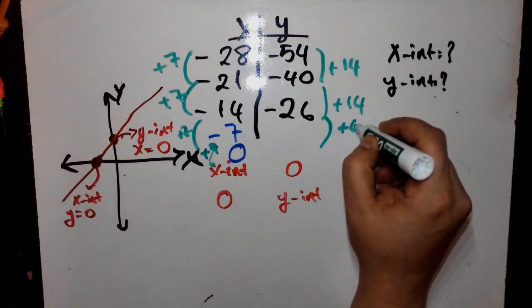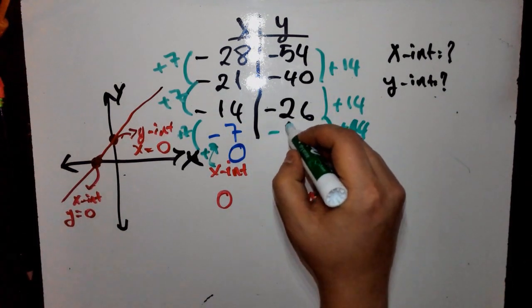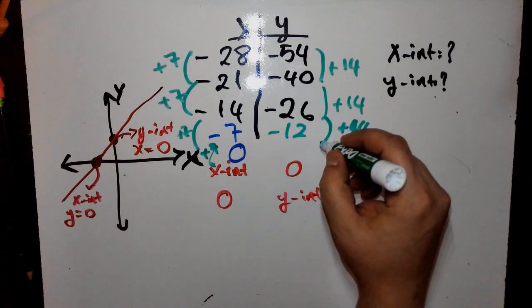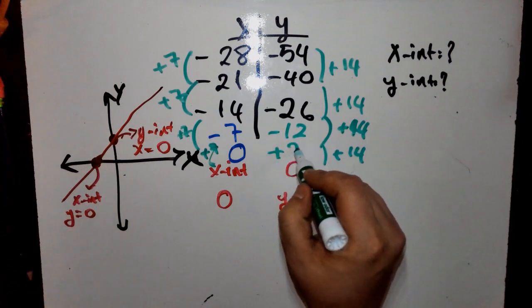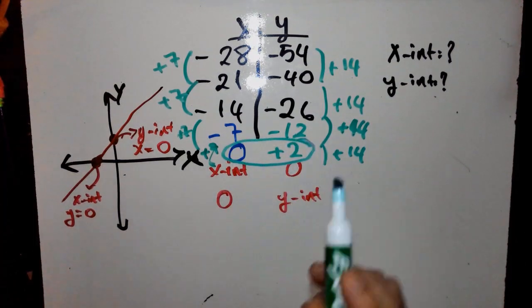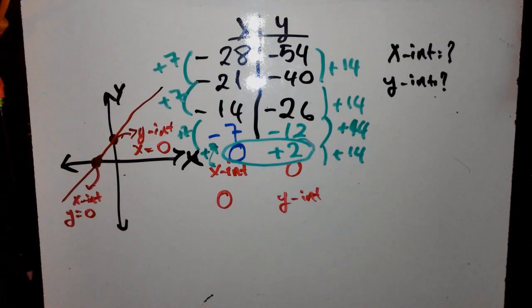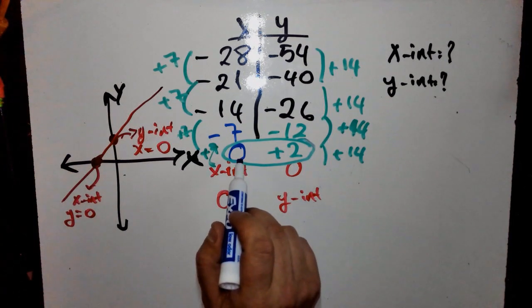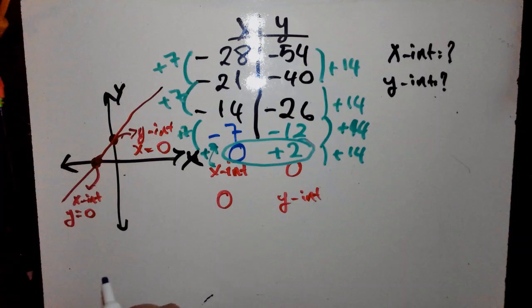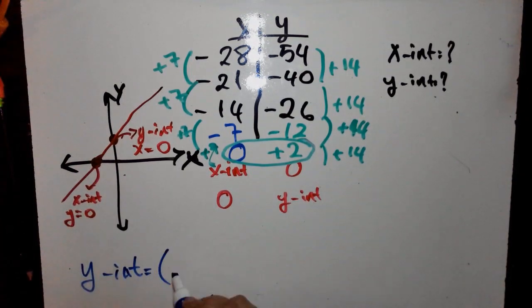If I add another 14, I'm going to end up with negative 12. And if I add another 14, I'm going to end up with positive 2. So positive 2 is my y-intercept, because that's the value I find for x equals 0. So the y-intercept equals 0, 2.